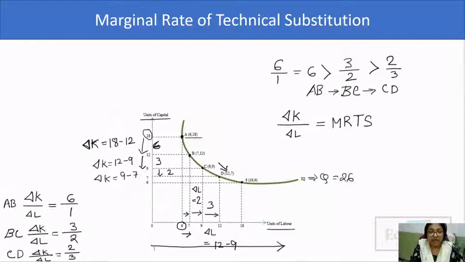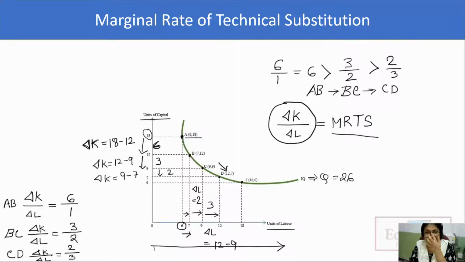MRTS is the loss of a certain amount of capital that is required to compensate for the additional units of labor at that particular point. Or in other words, the marginal rate of technical substitution of labor for capital is the slope of the isoquant at that particular point, because this is the formula for the slope as well.